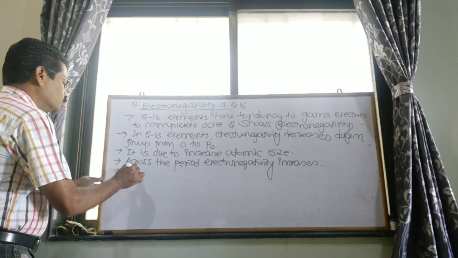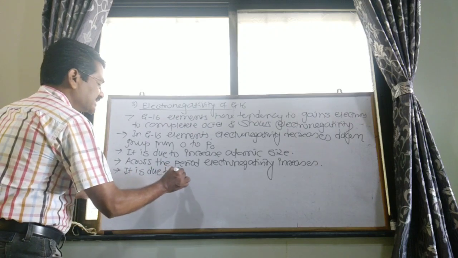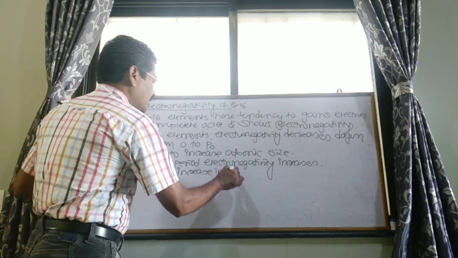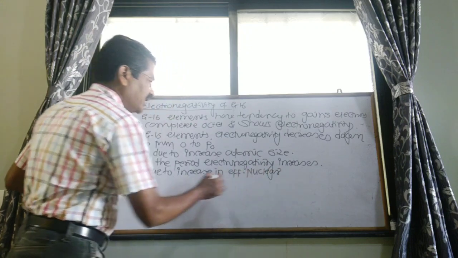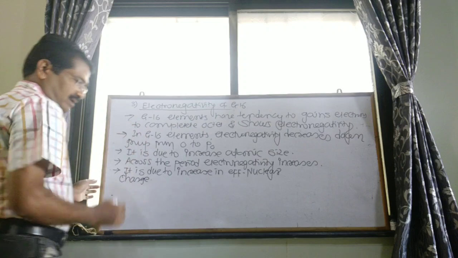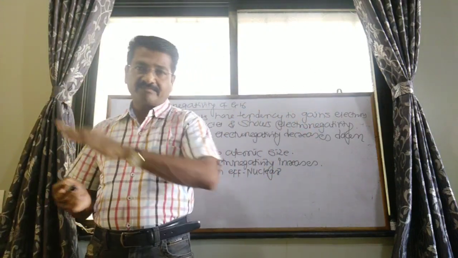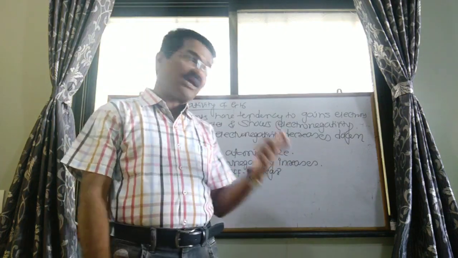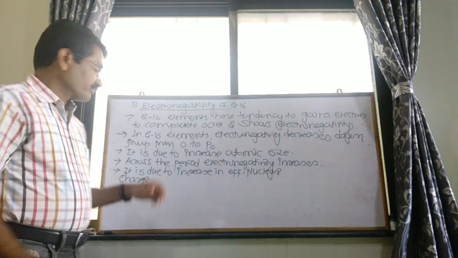It is due to increase in effective nuclear charge. When we move from left to right along the period, the effective nuclear charge increases. Therefore, electronegativity also increases.